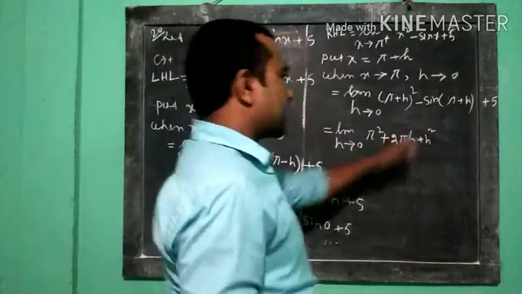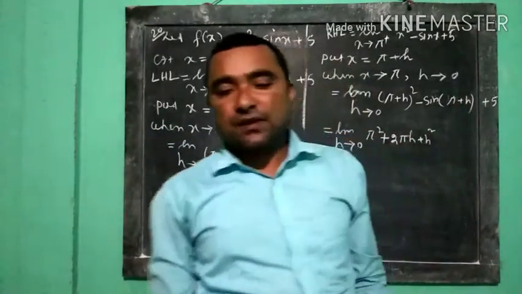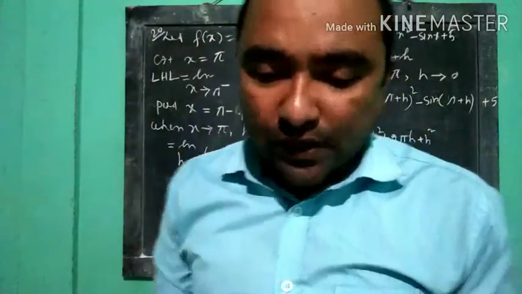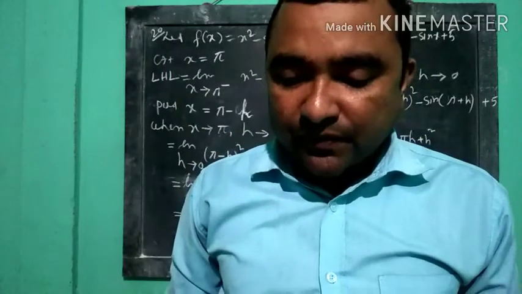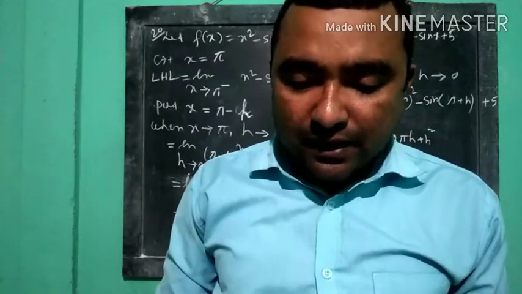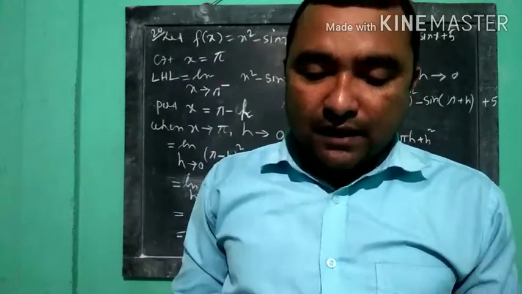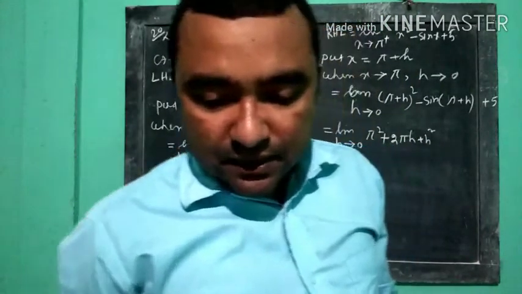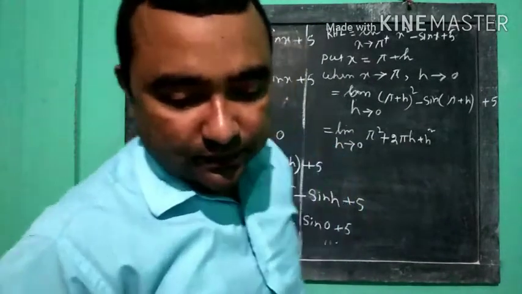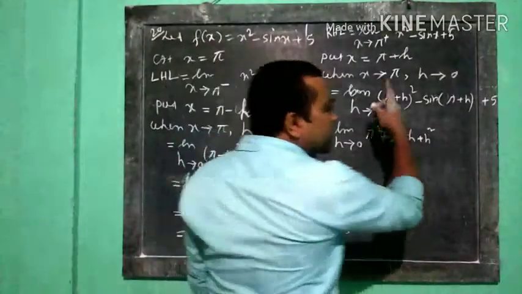Now sin(pi plus h) lies in the third quadrant. In the third quadrant, sin theta is negative.